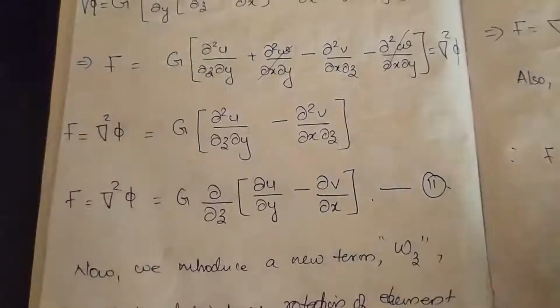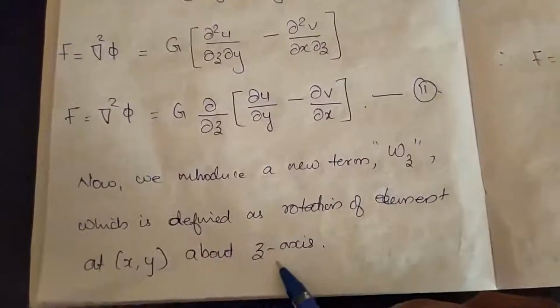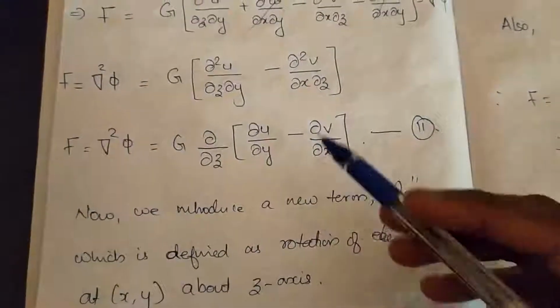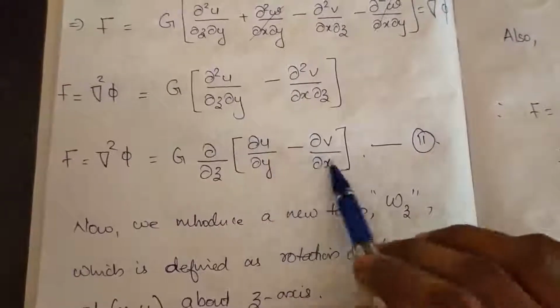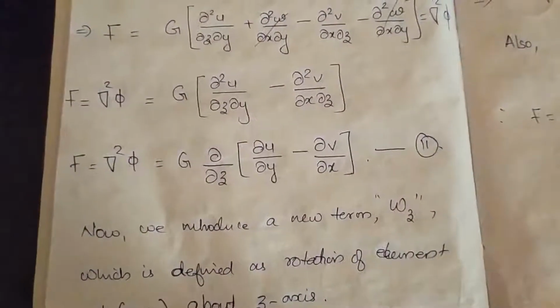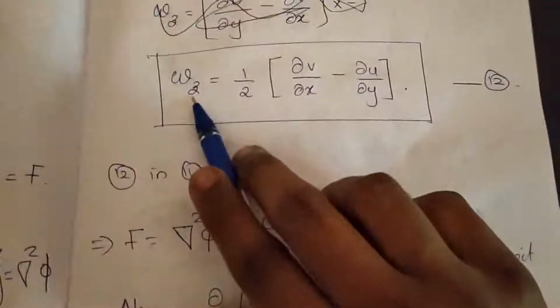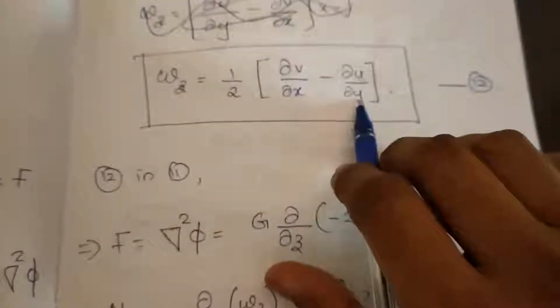Now after getting to this equation, you are introducing another term called omega z, which is defined as the rotation of the element in the xy plane about the z axis. This does not depend on w, but it is rotating in the xy plane about the z axis. So this omega z is 1 by 2 into dou v by dou x minus dou u by dou y.